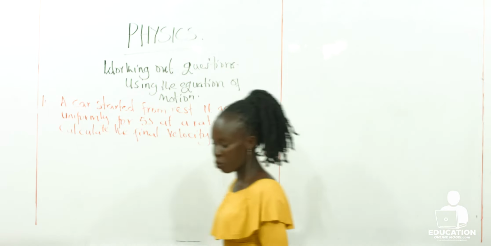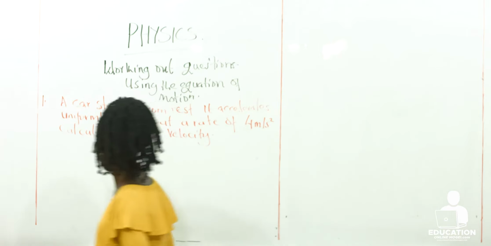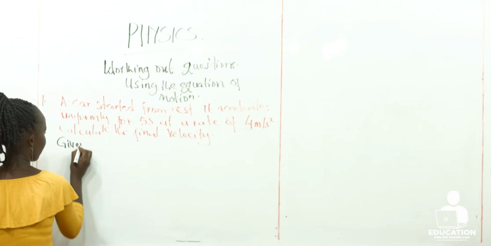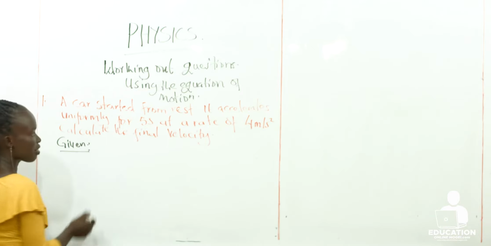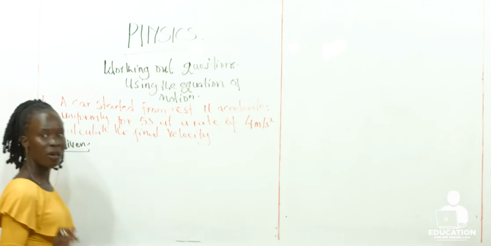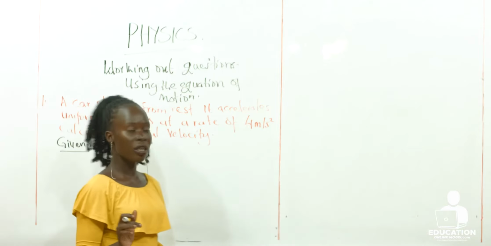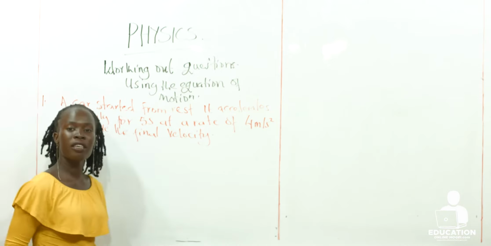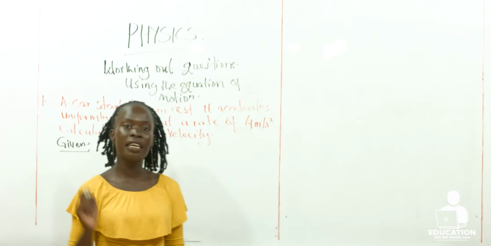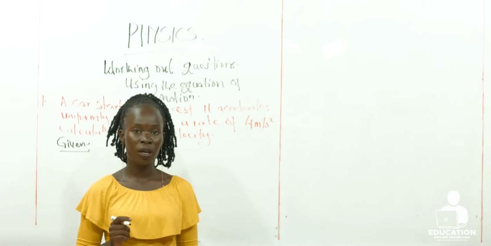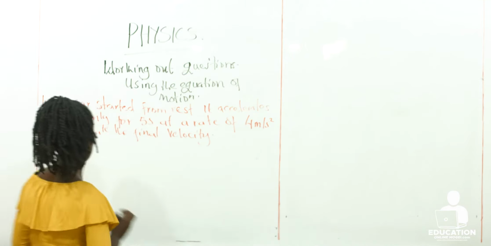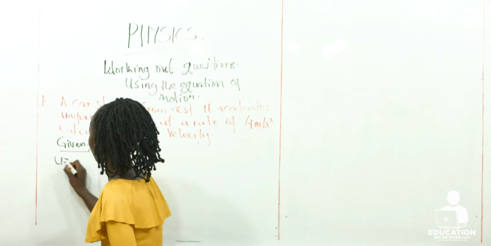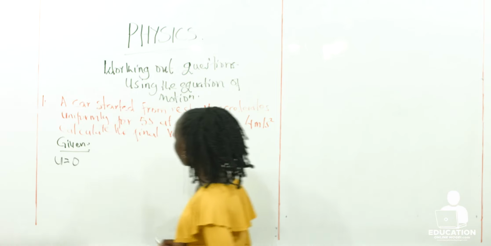So let's look at what they have given us in the question. Let's write it as given. This just stands for what is there; we are trying to summarize our question. A car started from rest. If anybody starts from rest, that means that the initial velocity, which is u, is 0. So we shall have u equals 0.